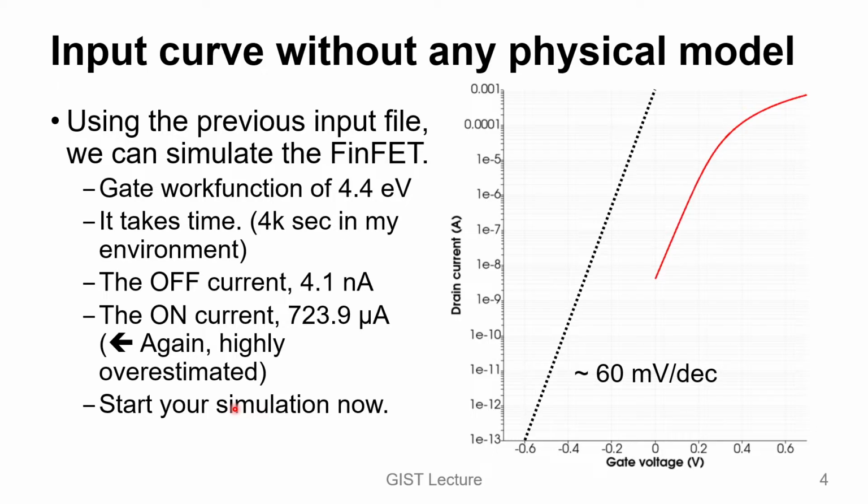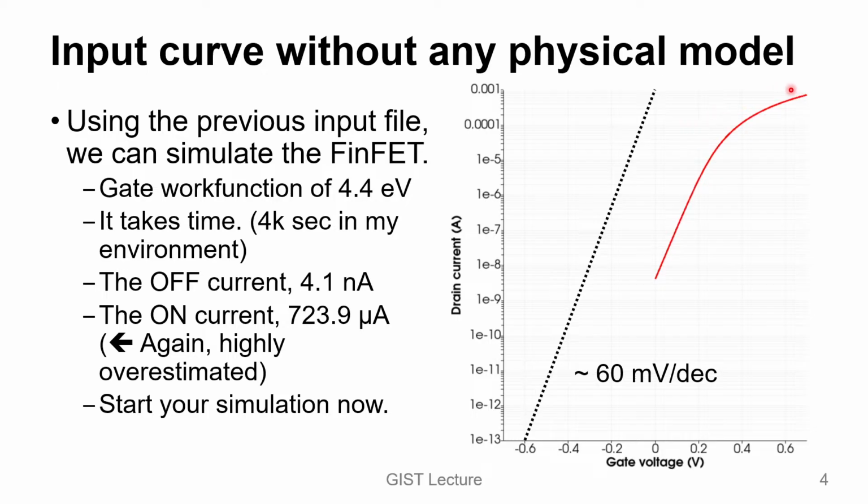In this case, without any physical model means that I have not considered any mobility model, and I have not considered any recombination model. And in this case, off current is given as 4.1 nanoampere. So this is 0 volt, and gate is 0, and drain is 0.7, and its value is about several nanoampere scale.